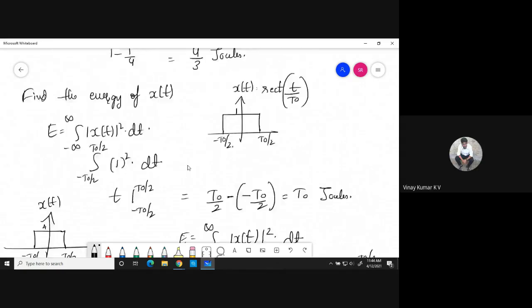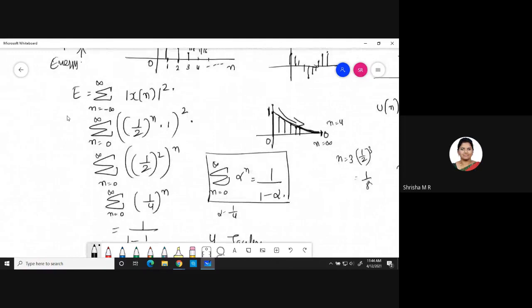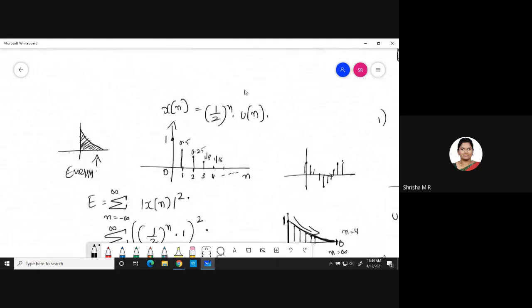The numerical you did earlier, with a to the power n into u of n, was the same. If they ask to find the energy of the signal, you can find the energy. If they don't give anything, I'm telling you what to do: you have to find the energy of the signal only.